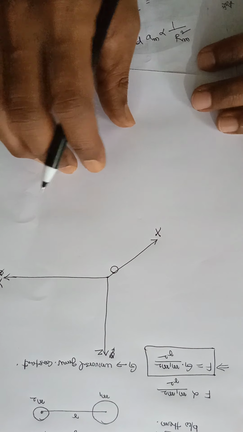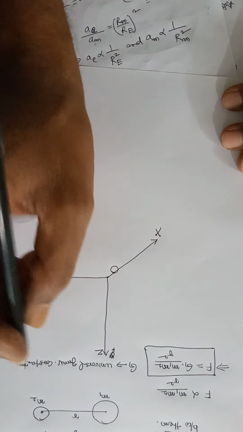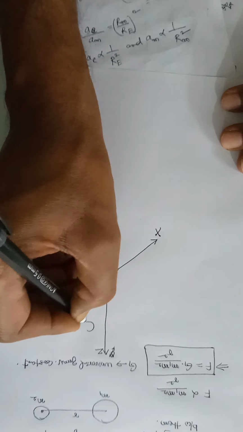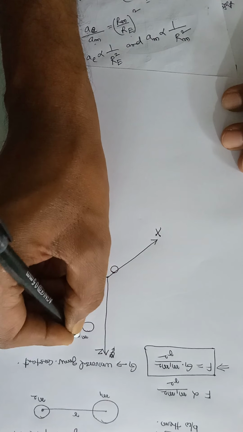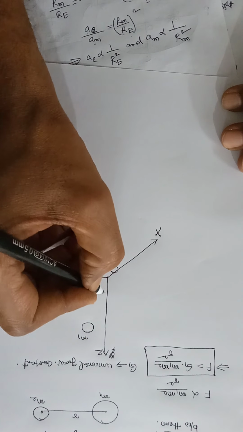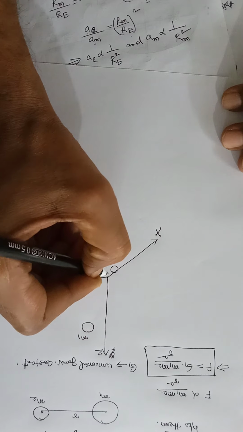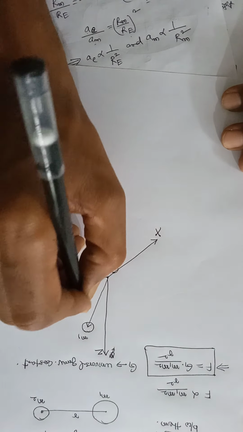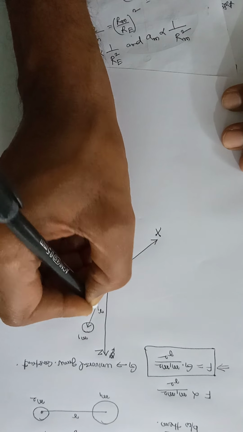So in space, let us take mass m1 here, and its position vector, from the origin, is r1.